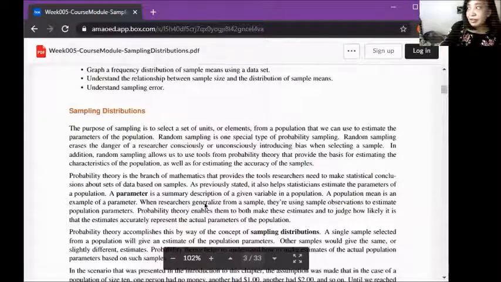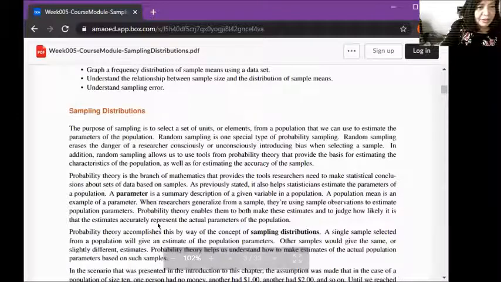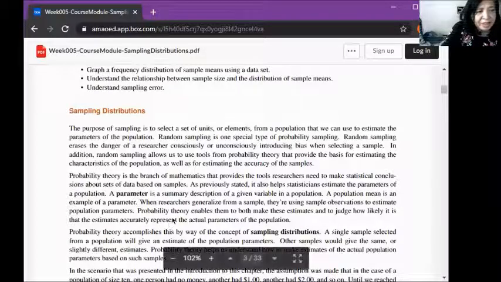When researchers generalize from a sample, they're using sample observations to estimate population parameters. So probability theory enables them both to make these estimates and to judge how likely it is that the estimates accurately represent the actual parameters of the population.